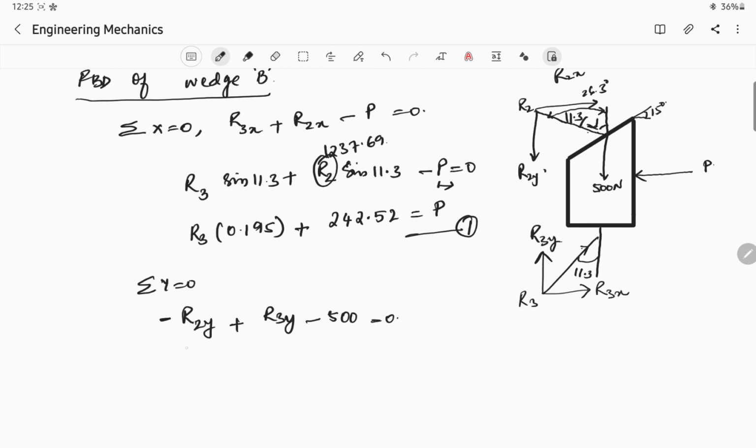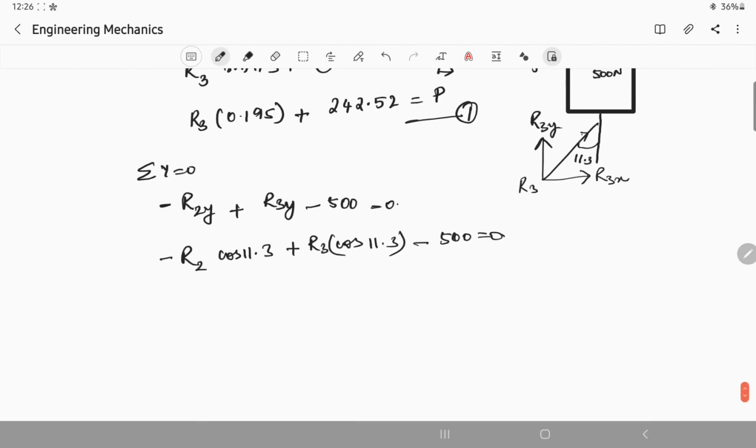So minus R2 cos 11.3 plus R3 cos 11.3 minus 500 is equal to 0.